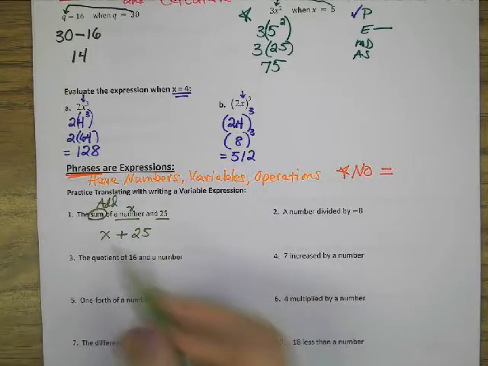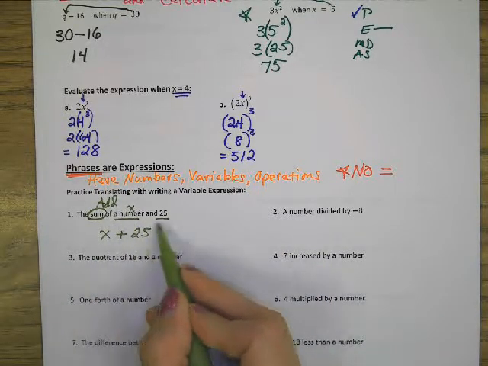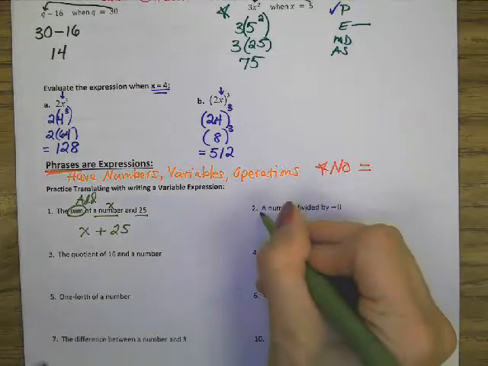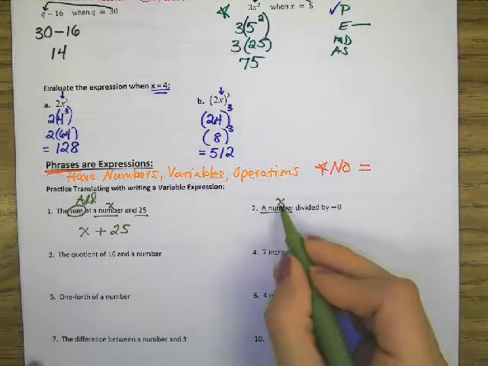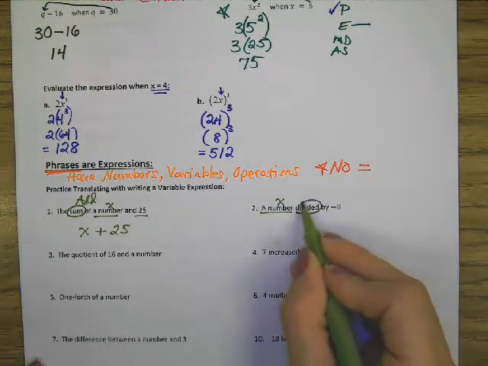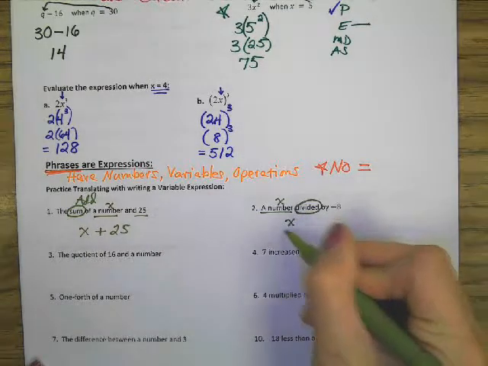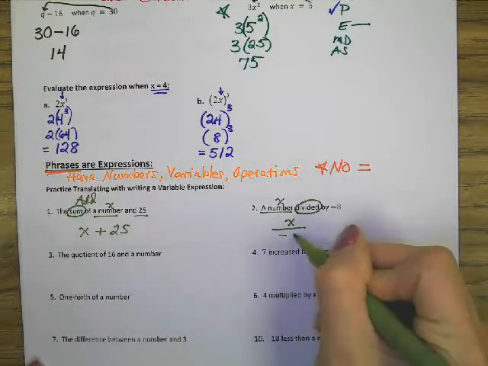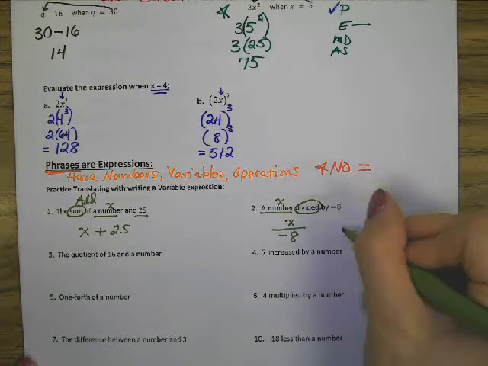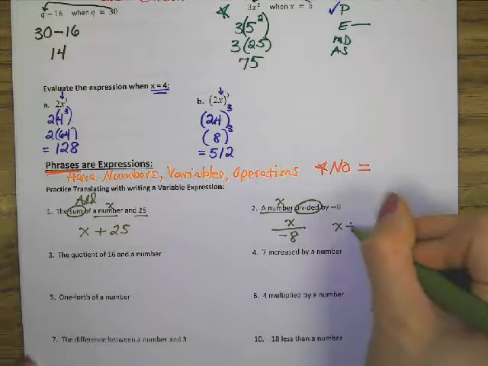When it says a number, I'm going to call that x. Divided by negative 8. Okay, divided is the operation, so x has to get divided by negative 8. Okay, some of you wrote it like this, x divided by negative 8. But if I type the final like this, make sure you know both ways.